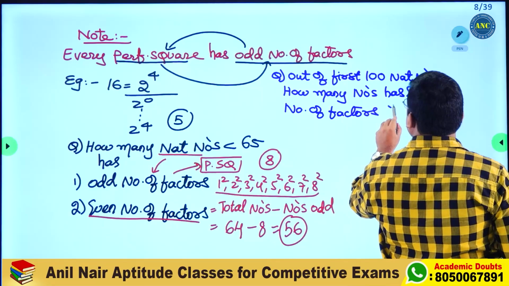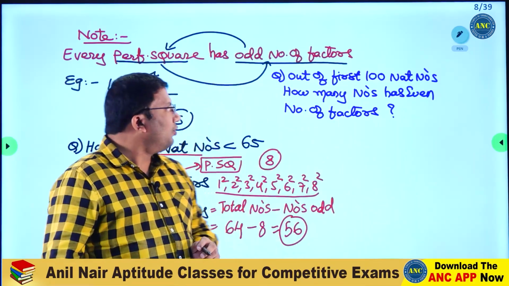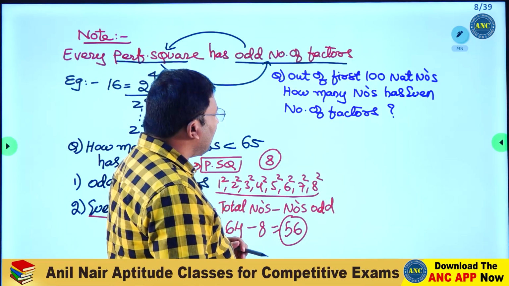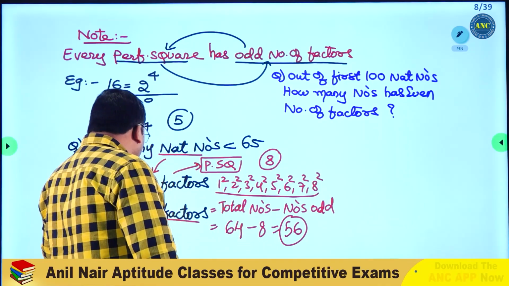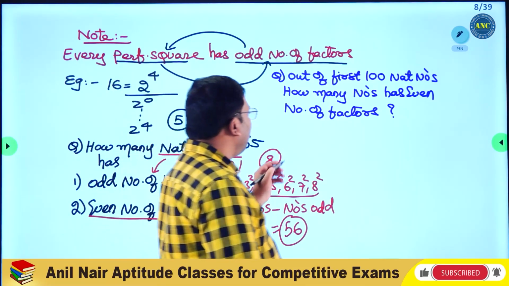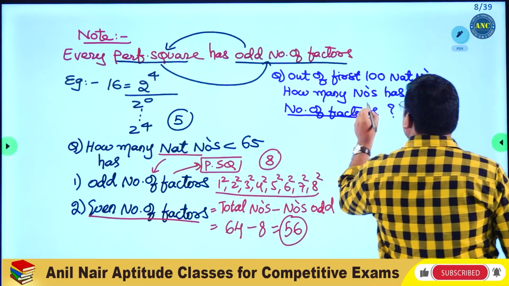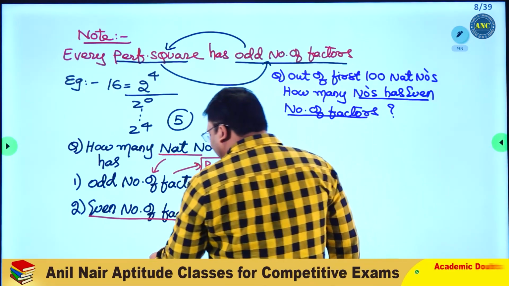Very, very good question, sir. Only thing, you should not make a silly mistake. What do you mean by an even number of factors? Which are non-perfect squares.